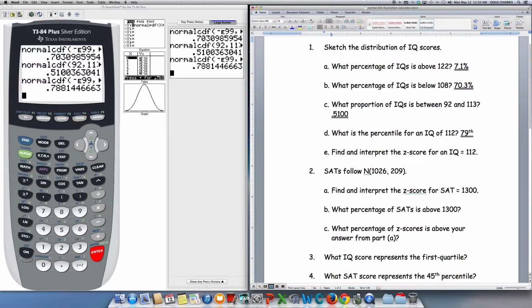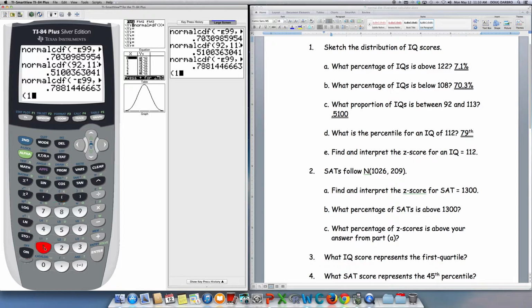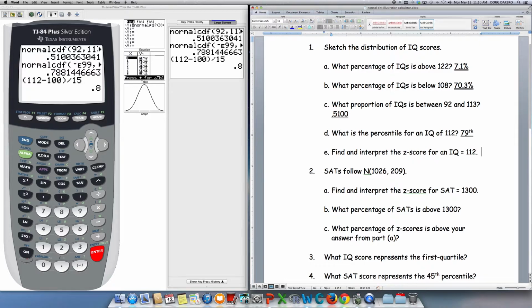Okay, the next one, find and interpret the Z-score for an IQ of 112. Well, we're going to use the formula, so the score is 112 minus the mean divided by the standard deviation. So we get a Z-score of 0.8. So let me get ready to underline this.